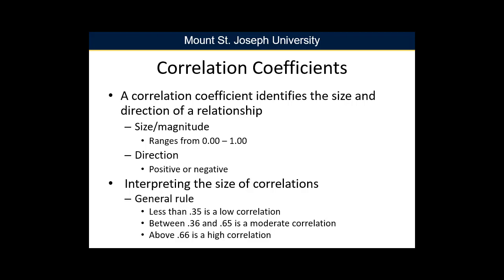We also look at it in terms of directionality. If it's a positive relationship, that would mean as one variable goes up, the other one also goes up. So as time in class increases, reading achievement increases. Or a negative relationship. As off-task behavior increases, reading achievement decreases.